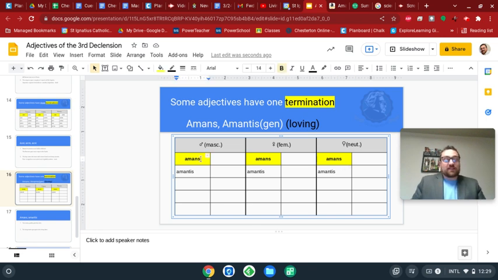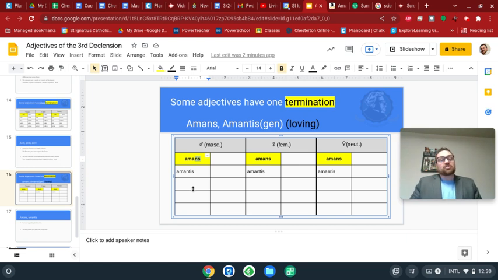And it's always going to end in ns, amans. We see words like this in scientific forms, by the way, like Homo sapiens. Homo sapiens is one of these. Sapiens just means knowing. It's knowing as an adjective. It's what kind of man? The knowing man. Homo sapiens.